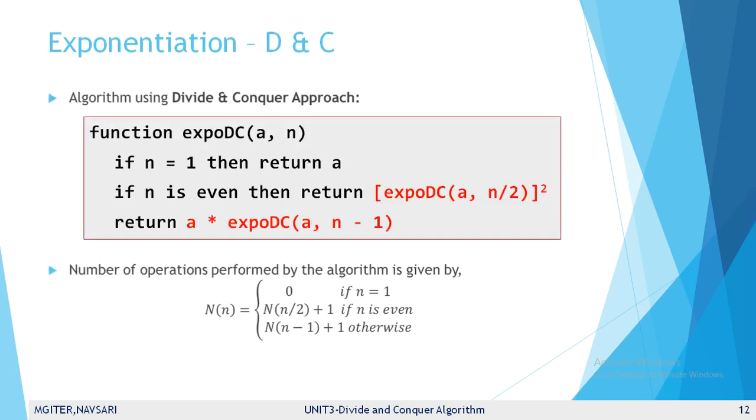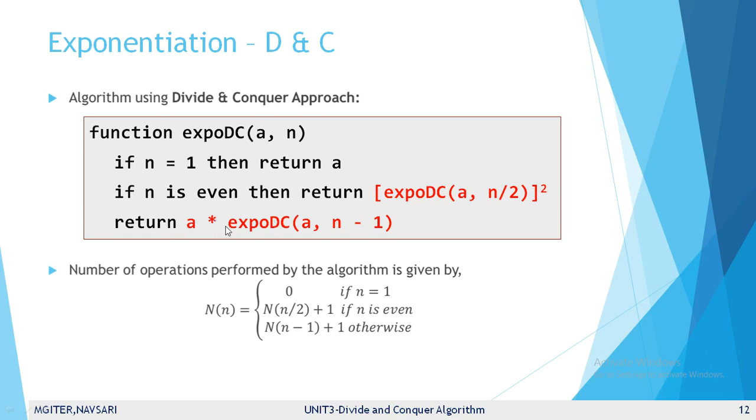Now we see the algorithm for exponential using the divide and conquer strategy for a power n. So if n is equal to 1, meaning there is no power, then it returns a. If n is an even number, then return exponential of a comma n by 2, squared.